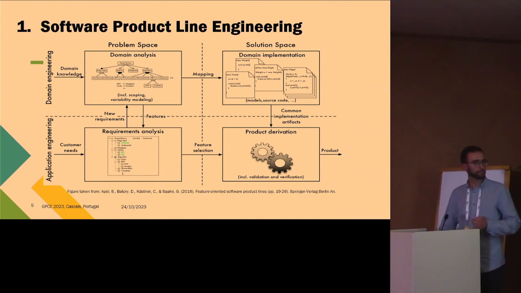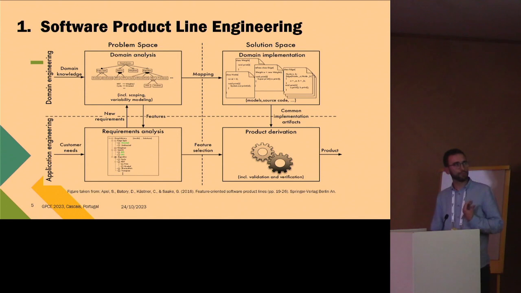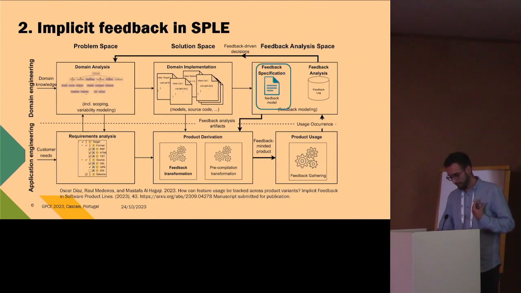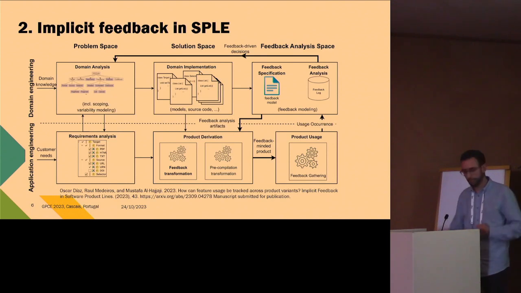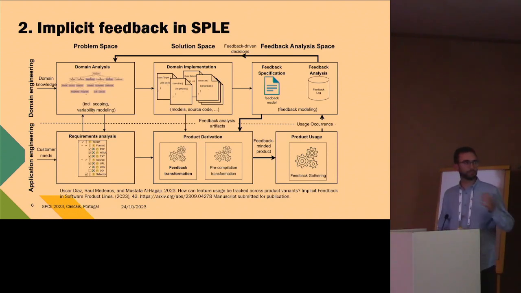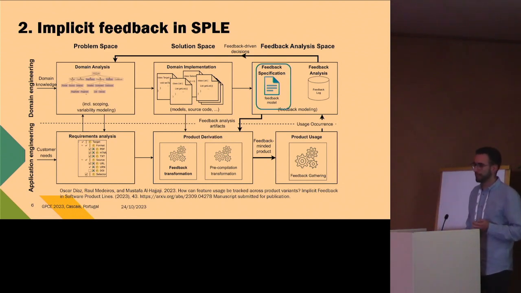So we wanted to incorporate implicit feedback into this process, and we thought that a good idea would be to define a new space, the feedback analysis space, and also extend this process model with 4 new activities. The first one would be feedback specification.